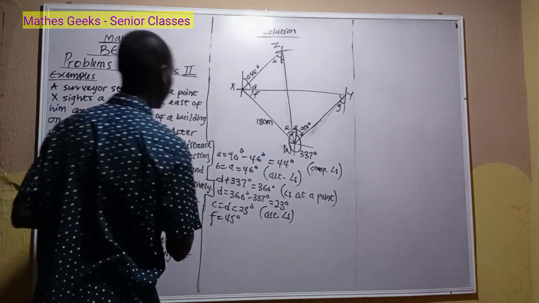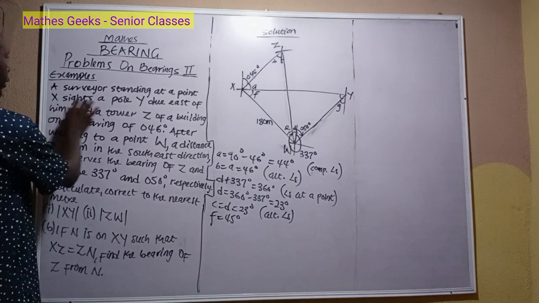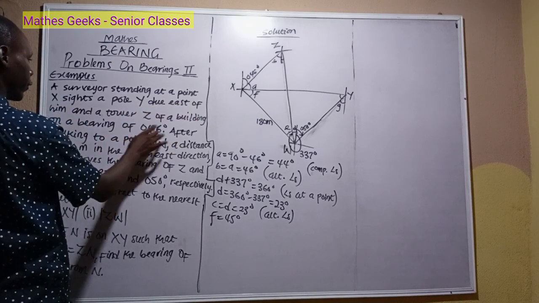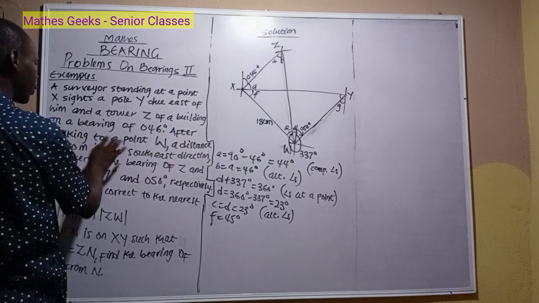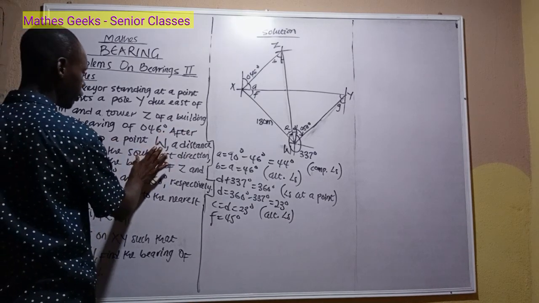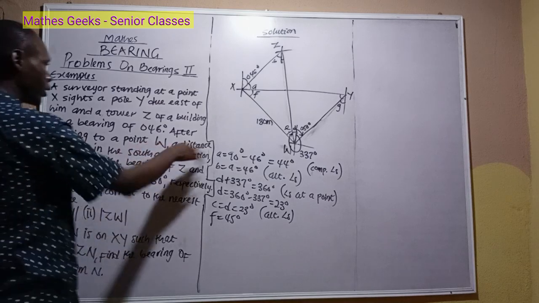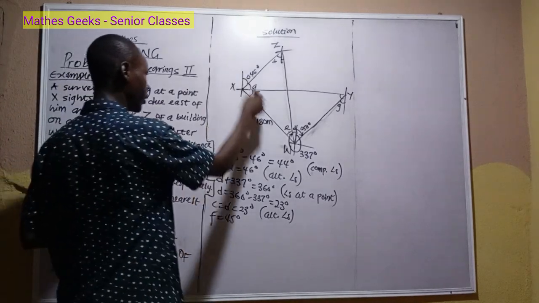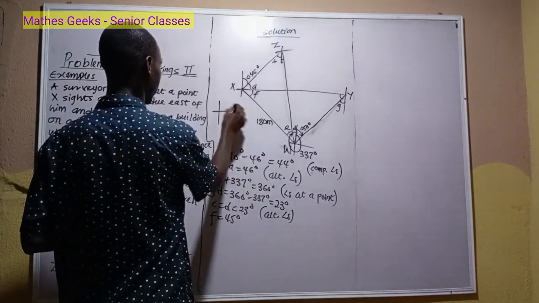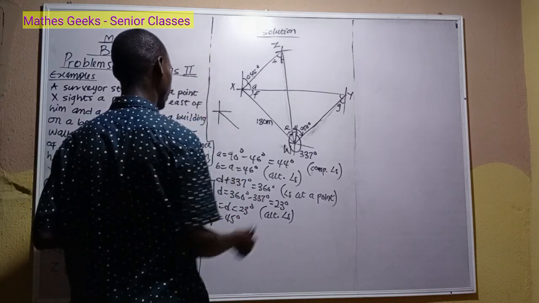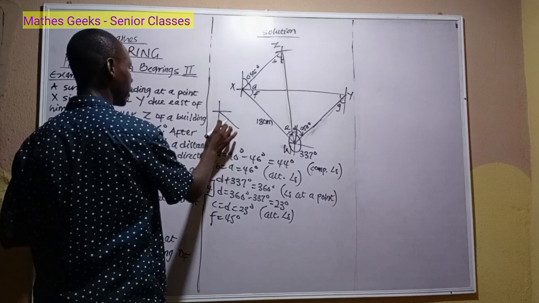Why? Because from here, it says, start from Y, go east of him, and walk towards Z of a building on a bearing of 046 degrees. And after walking to a point W, a distance of 180 meters in the southeast direction. So the southeast is just like a bisection of this quadrant, the northeast quadrant.